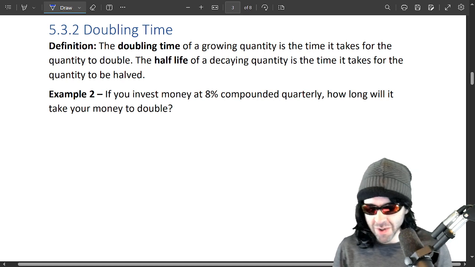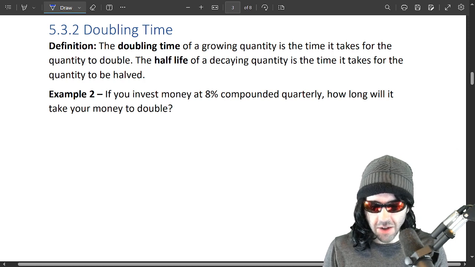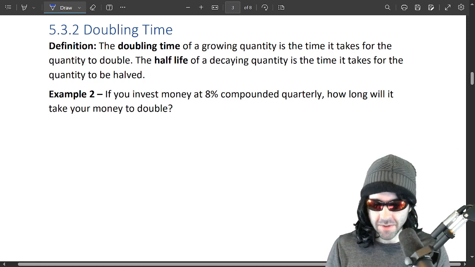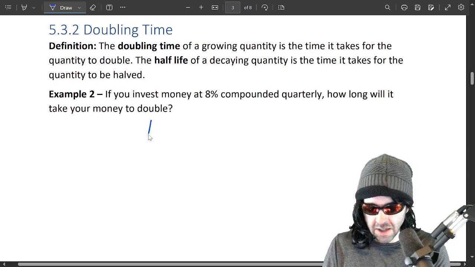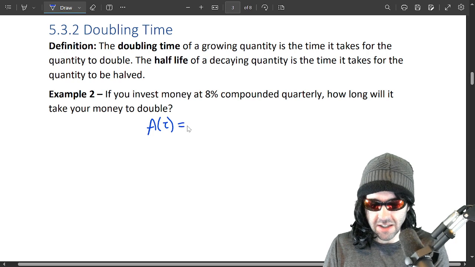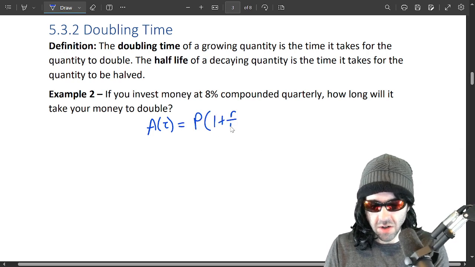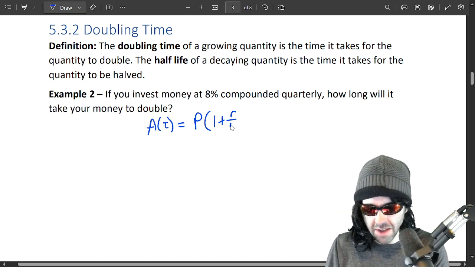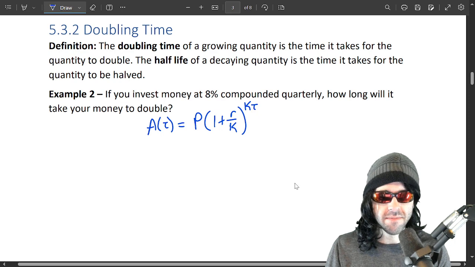Okay, example 2. If we invest money at 8% compounded quarterly, how long will it take our money to double? So remember that our compound interest formula is that the amount after t years is the principal times (1 plus r over n), I think we may have used the letter k, to the kt.